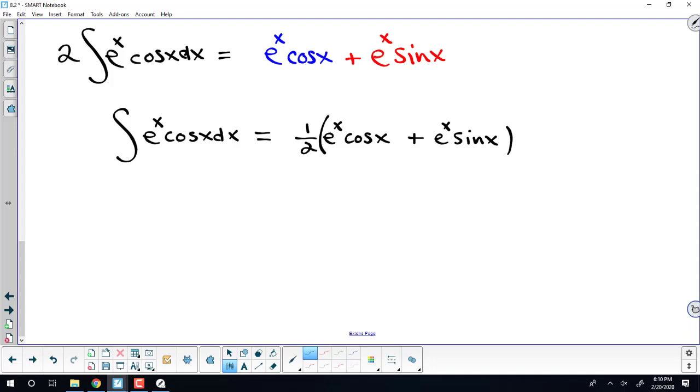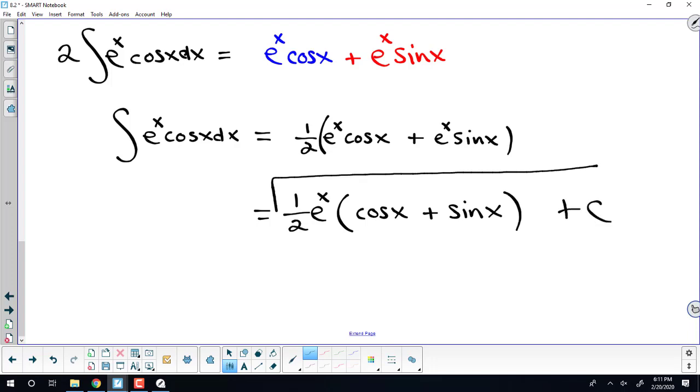Like that, or we could even take the e to the x out and just say it's 1/2 e to the x times cosine plus sine. And then we can put our c in again.